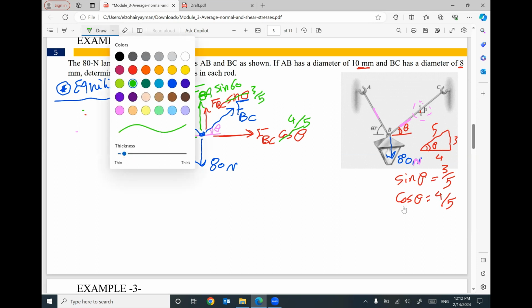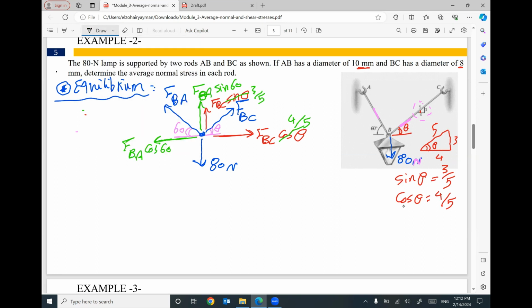Then I will apply the two equilibrium equations. Summation Fx equals 0. In x direction, we have positive 4/5 FBC, negative FBA cosine 60 equals 0. I cannot do anything because we have two unknowns, FBC and FBA. I will apply summation Fy equals 0.